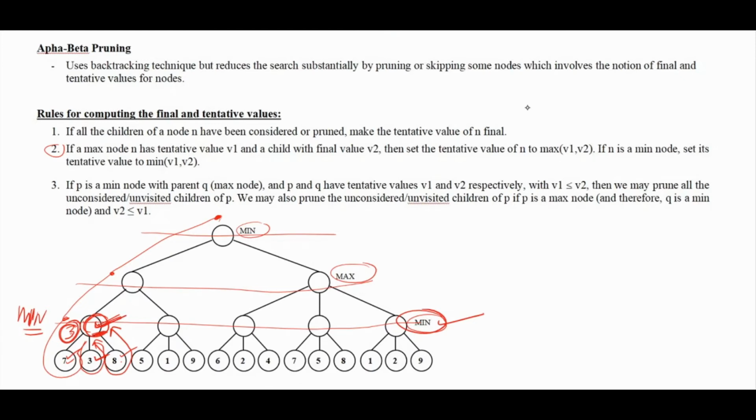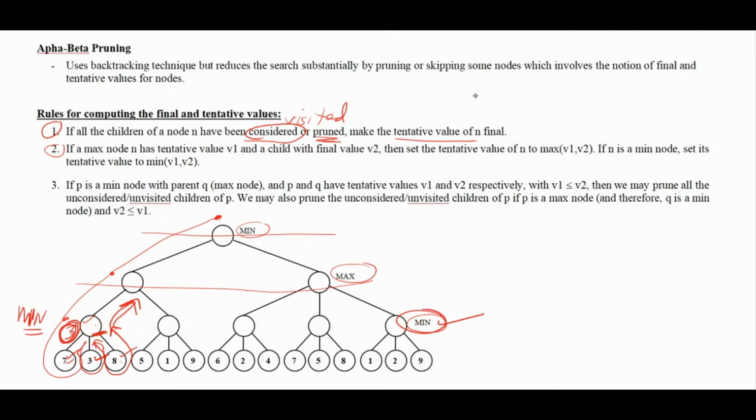Now, since there are no more children nodes to visit, we go up by rule number 1, which says that if all the children of a node n have been considered or visited, when all the children nodes are visited or pruned, meaning there are no more children nodes to visit, make the tentative value of that parent node final. So when you go up, leaving this node, the tentative value 3 will become final.